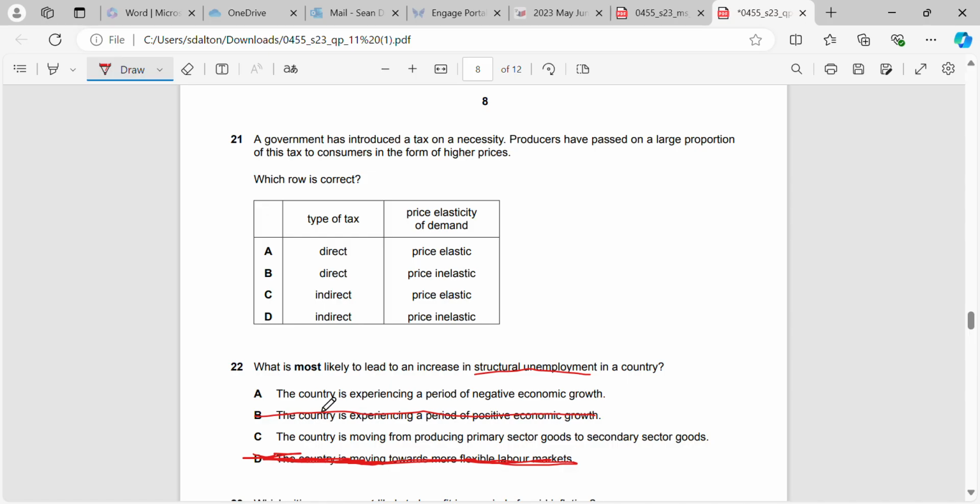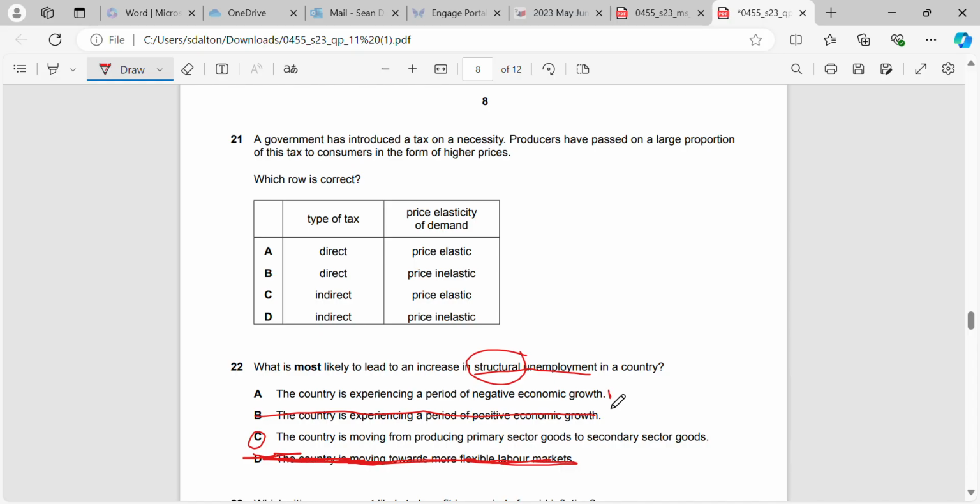Now I can understand if you'd say A, but the correct answer is C. The reason why it's not A is because they give us the type of employment here, right? So, structural unemployment is relating to technological advances, etc., either technological unemployment or regional unemployment. And it's not relating to AD. So it's fixed by using supply side policies, which is shifting AS to the right.